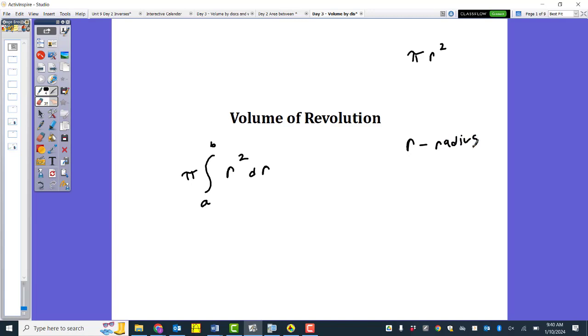That sounds like what we already said, but that's not always going to be a constant value. So we'll say the integral from a to b of pi r squared with respect to x, because our radius is not going to be a set value. It's going to be changing as the function changes.